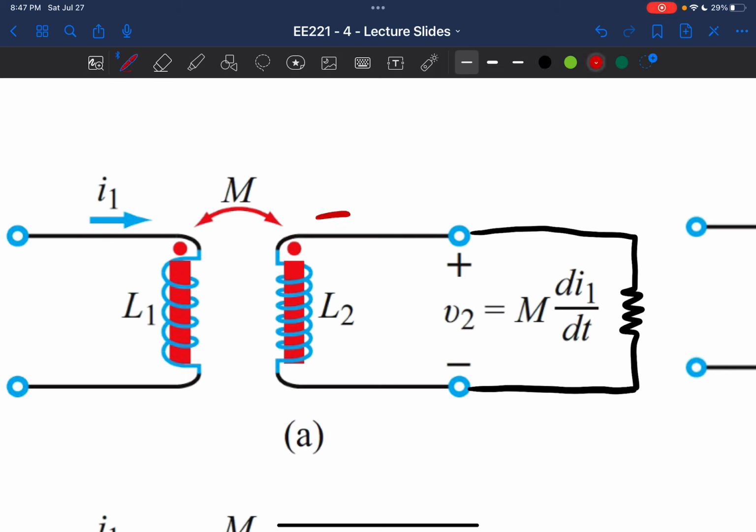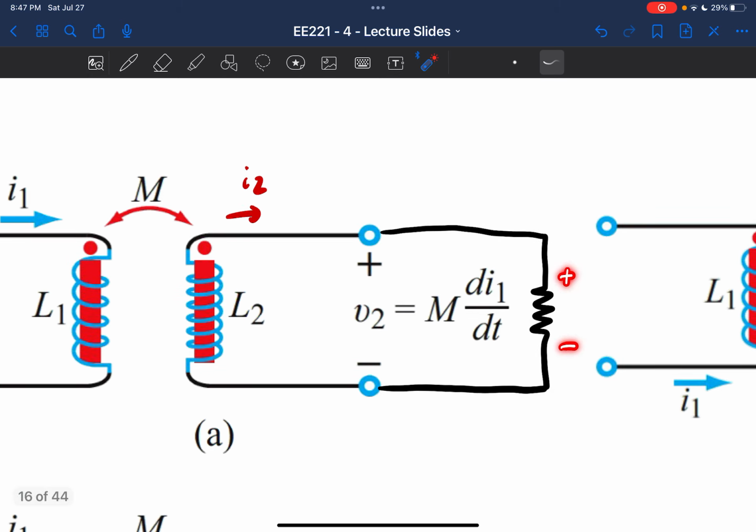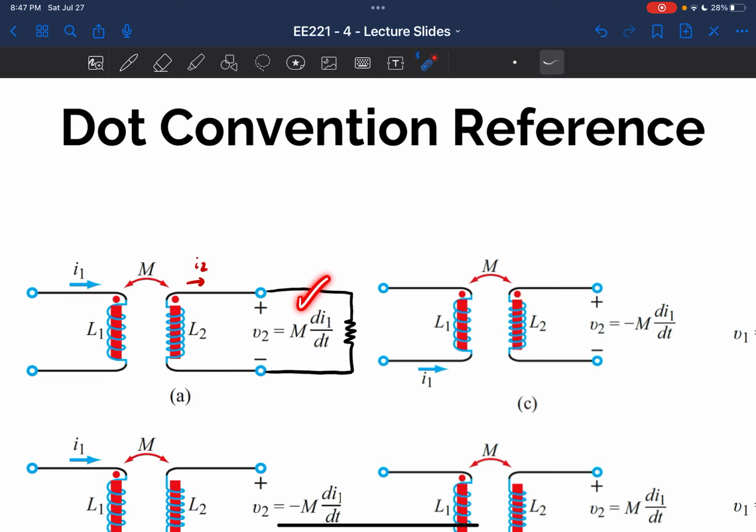Let's just call it I2. And that is consistent with what I see for this voltage polarity, right? If I have a positive voltage V2 across this resistor, Ohm's law says that current has to flow out of this dot, down through the resistor, assuming the voltage polarity is plus to minus here. So that is consistent with this reference chart, okay? So that's one case. Let's go take a look at some other case.